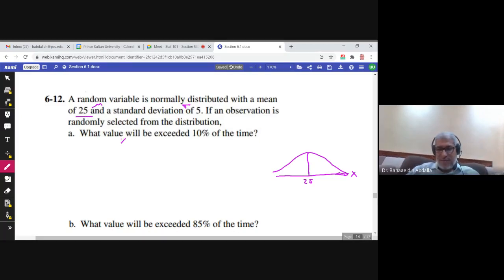So there is an x0, he is asking about x0, that will be exceeded 10% of the time. So the values will be more than x0 10% of the time.